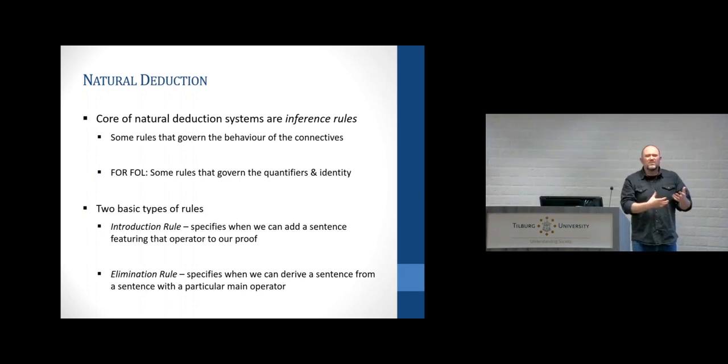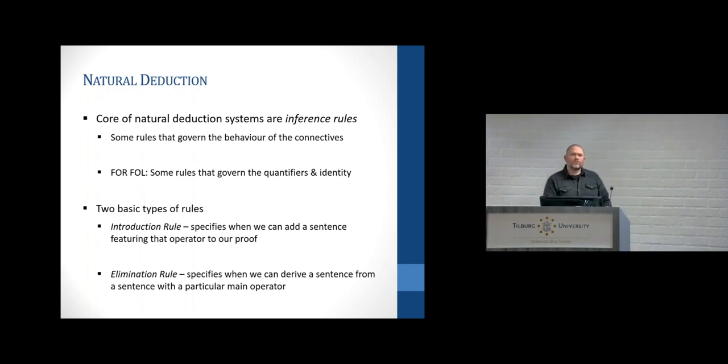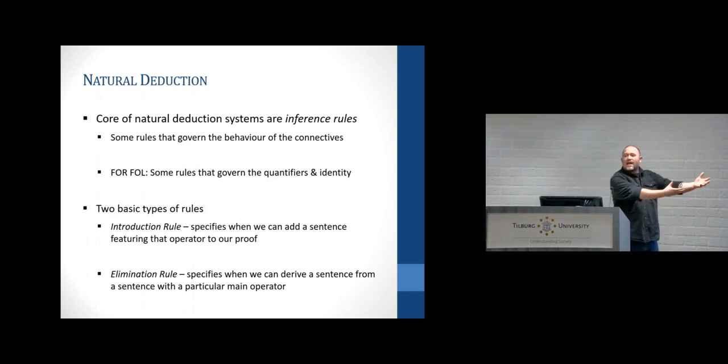That's why elimination isn't really properly the right term. It's using these sentences. So we're going to talk about introduction and elimination rules for every one of the connectives today. The introduction rules will tell us when we can add a sentence featuring the operator. The elimination rules will tell us when we can use a sentence featuring the operator. And unsurprisingly, there's going to be introduction and elimination rules for every single connective.